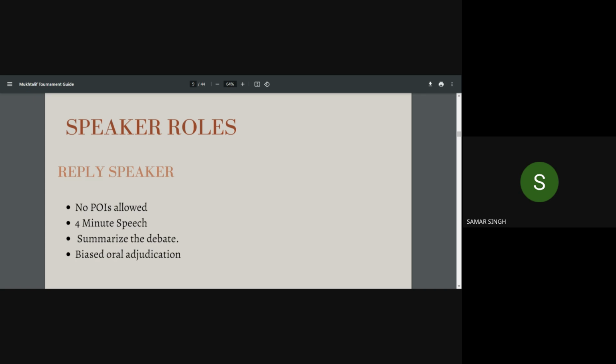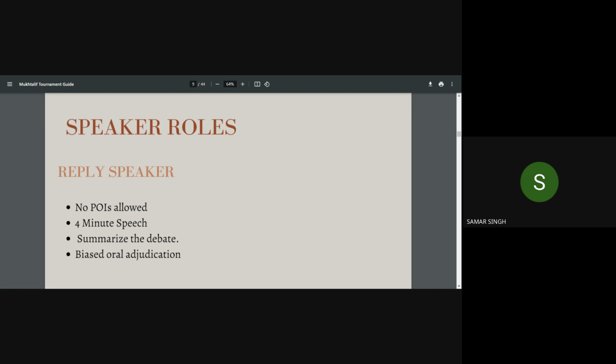After the debate ends, the judge will take some time, think about the debate and the reasons why someone wins, and then give their verdict. They will give a speech themselves, which is called oral adjudication, where they present their reasoning and defend their verdict. They will tell you how someone wins against the other.